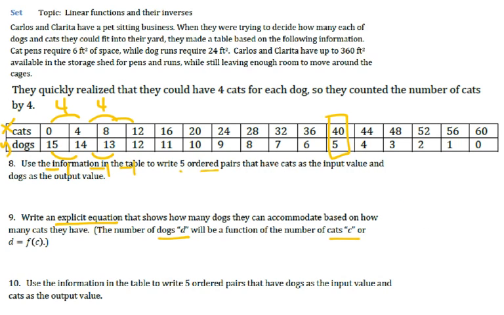So we kind of think of it like this. You'd say my function f of c is equal to, okay, how many dogs do we start out with? We start out with 15 dogs. What are we doing to those 15 dogs? Well, for every 4 cats we have, we're going to subtract 1 dog.